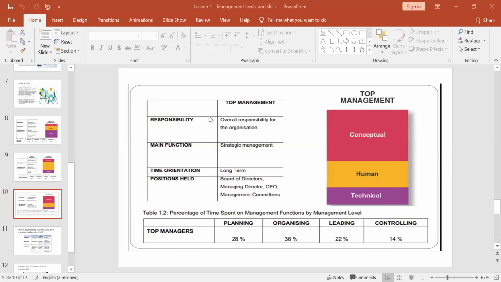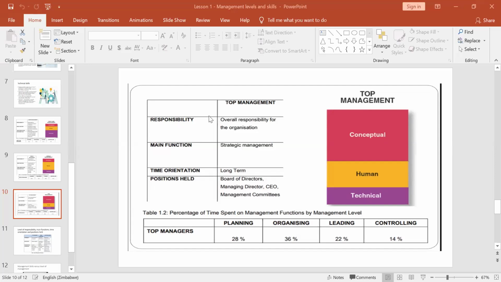We don't see them with as much authority as they should have when they have too much human skills. If they want to communicate everything that happens in the organization, then you end up not being a CEO. You are now like a public relations officer.